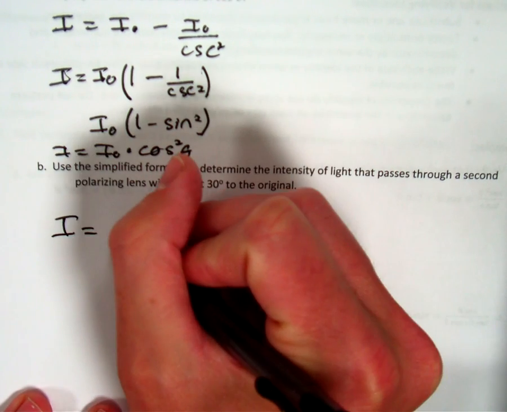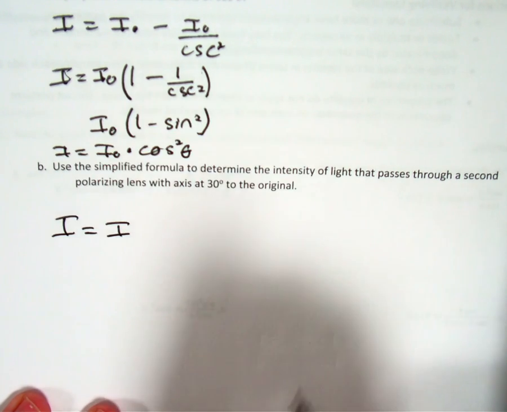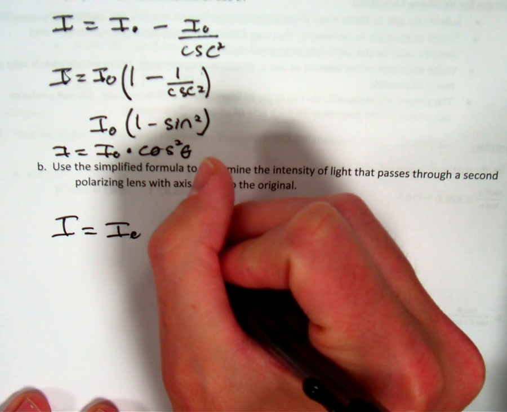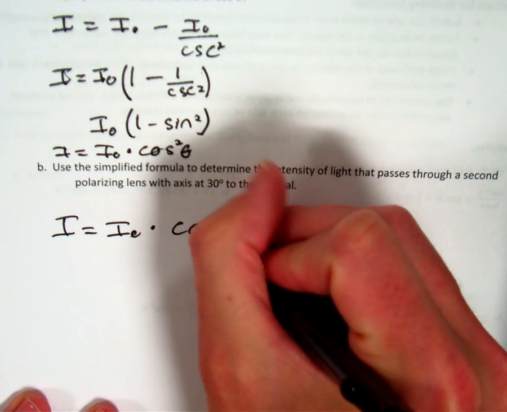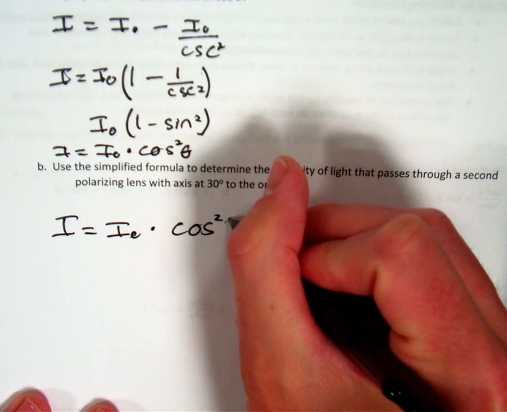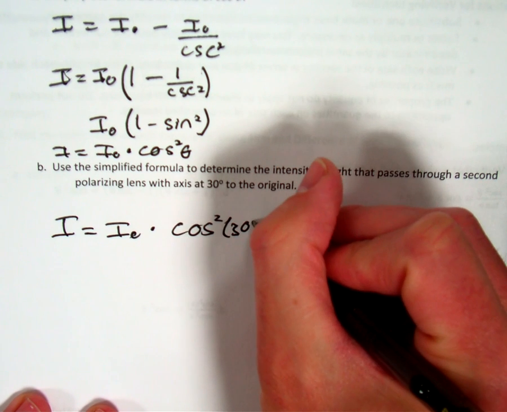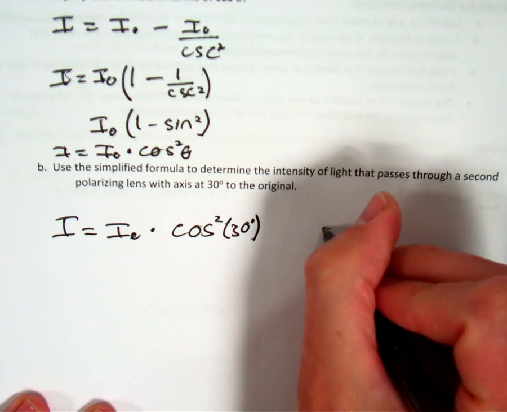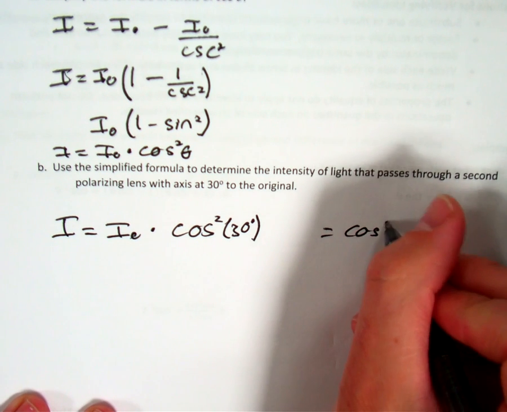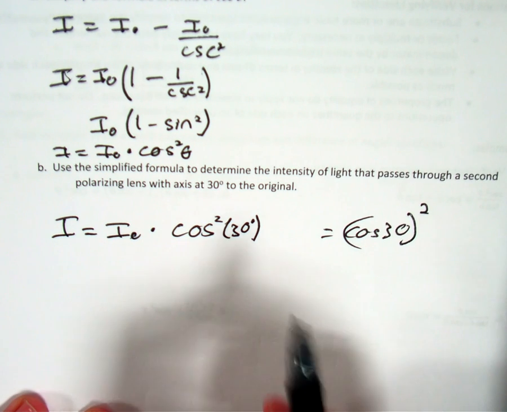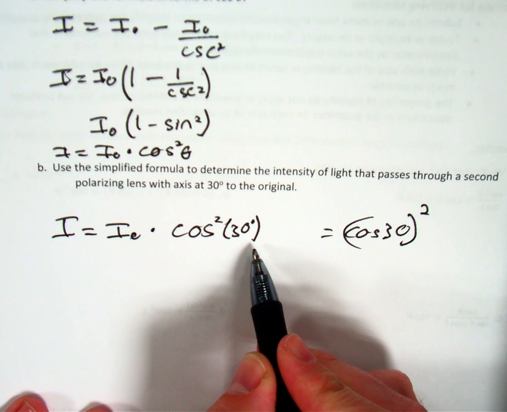So I equals, and we're not going to be able to get our final answer because they didn't give us this initial intensity. But we can simplify it a little bit. Times cosine squared of 30 degrees, okay? And let's talk about this. Cosine squared of 30 degrees means do cosine of 30 degrees and square that value.